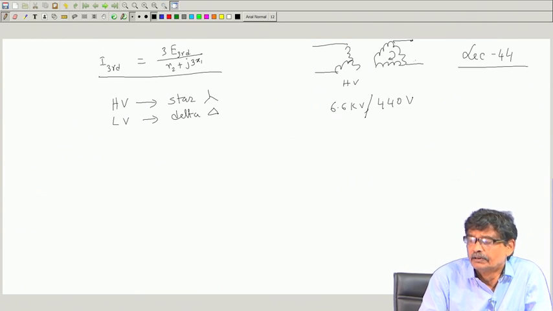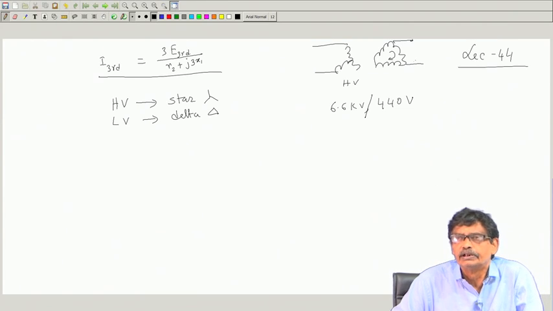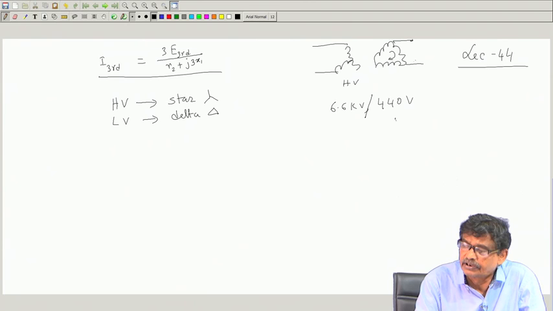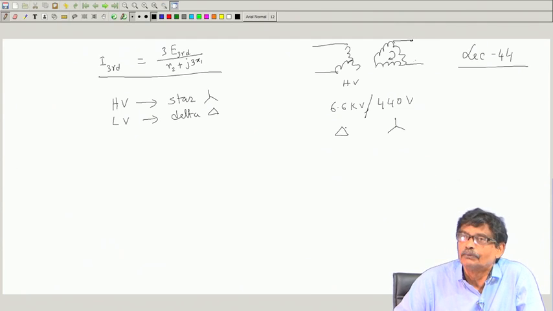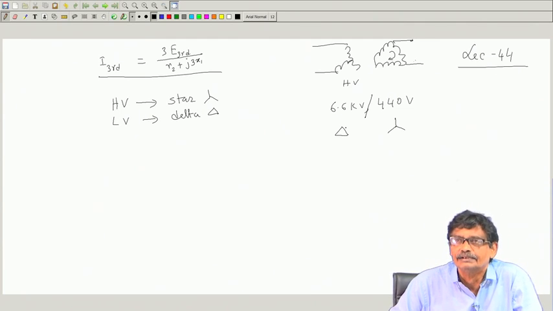What is done? Because it is a distribution transformer, you must have the 3 phases as well as neutral. So, this must be of star connection, and this can be selected as delta, because of the fact that one of the windings I want to be delta.